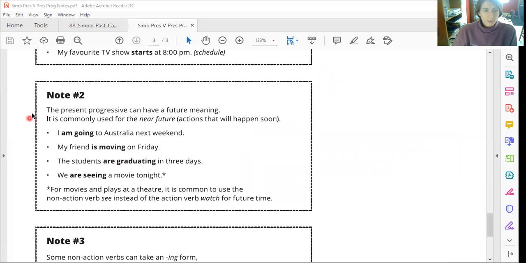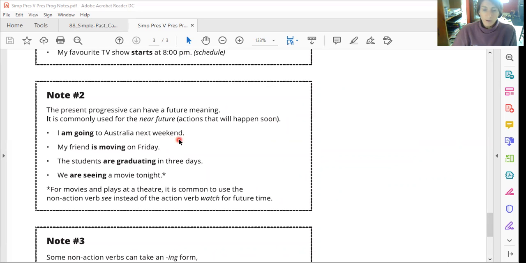Note 2, the present progressive can have a future meaning. And that can be confusing. It is commonly used for the near future, which is actions that will happen soon. So I am going to Australia next weekend, right?